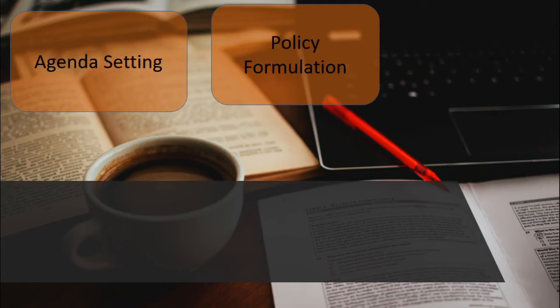Now, the next stage is the policy formulation stage, and after the problem gets on the agenda of government, a policy needs to be formulated. Therefore, at this stage, policymakers assess the problem and possible solutions based on available information.